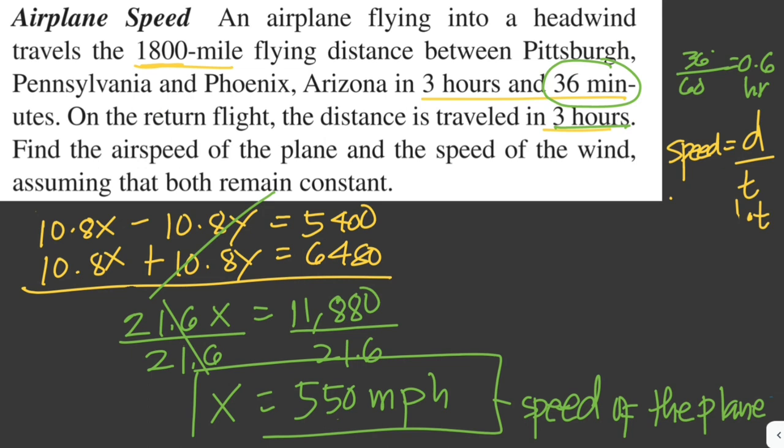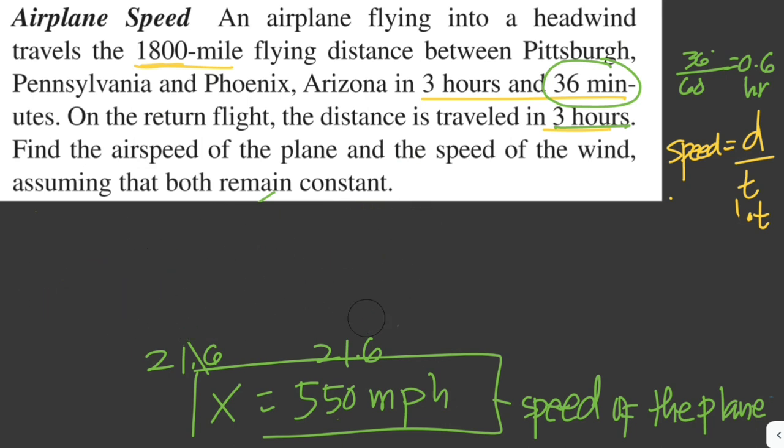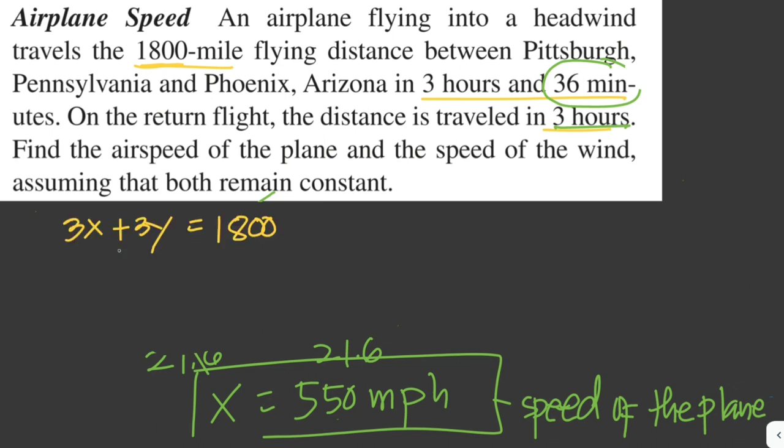Now we can solve for the speed of the wind. To solve for the speed of the wind, we can choose either of the two equations. We can use this equation. We'll substitute the value of x here, 3 times 550 plus 3y equals 1,800.